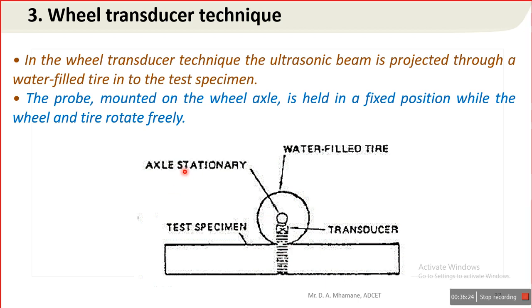So the probe mounted on a wheel axle is held in a fixed position while the wheel and tire rotate freely.